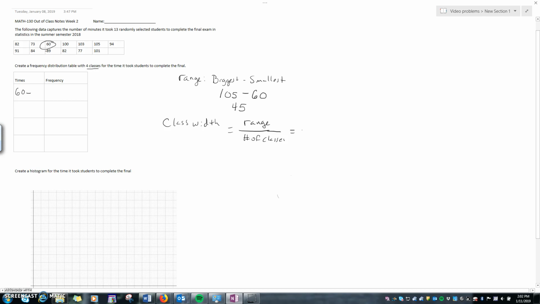So we're going to take our range, which is 45, and divide that by the number of classes, which is 4. 45 divided by 4, I get 11.25. Now, I really don't want to count by 11.25, so we are going to round up here regardless. We're not going to round down because that wouldn't be wide enough, so we're going to round this up to 12. So we're going to be counting by 12s over here.